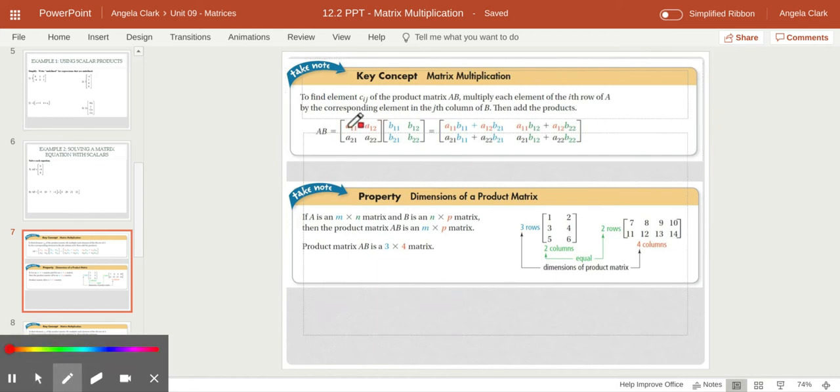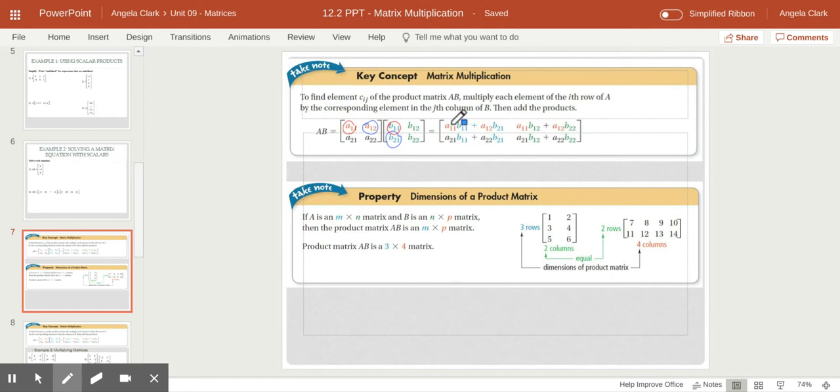So what we're doing is we're multiplying the first element of the first row with the first element of the first column. So that's this multiplied by this. And then adding to that, the second element of the first row multiplied by the second element of the first column.